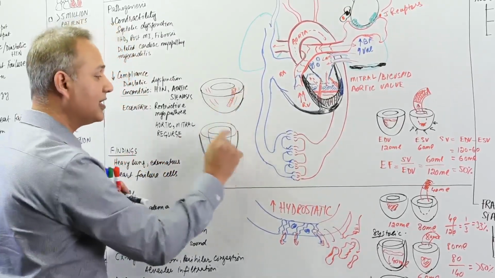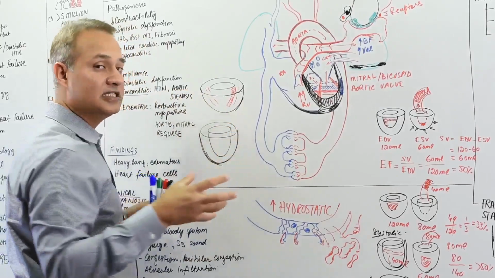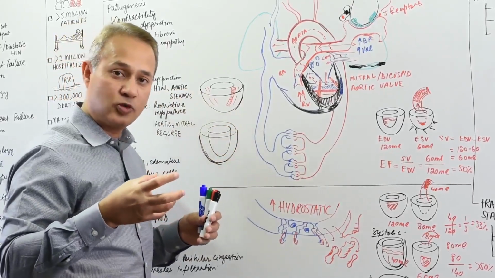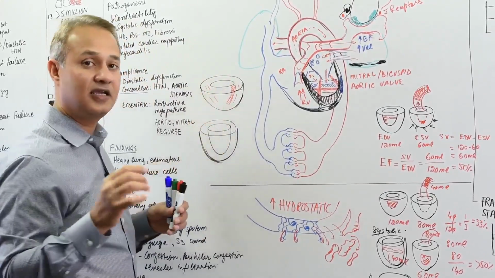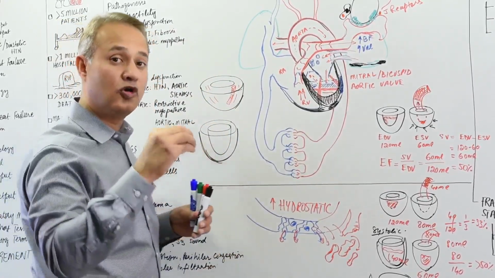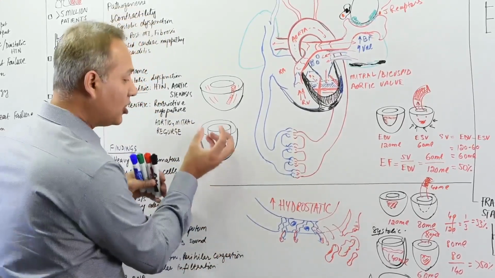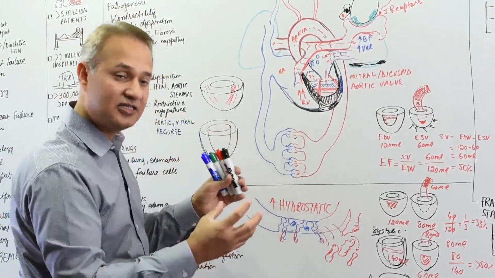So how do you separate them? Keep this in mind, please. Whenever the ventricle is working against pressure, it will become thick, and that thickening is concentric hypertrophy. Whenever it is working with more volume, that would cause it to be lengthened or increased in size, and that is called eccentric hypertrophy.